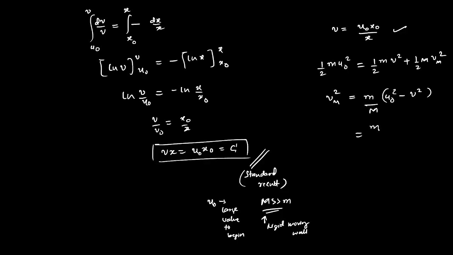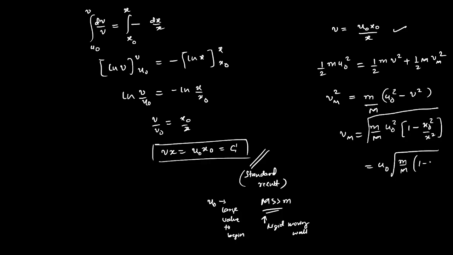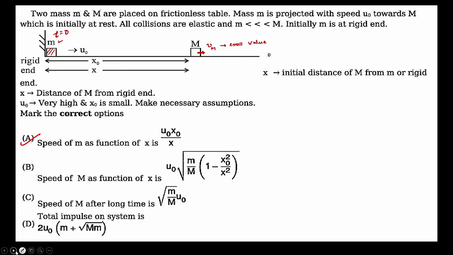So it becomes small m by capital M, and taking u naught squared outside, it is 1 minus x naught squared by x squared. Taking the root, our Vm is the root of small m by capital M times 1 minus x naught squared by x squared. This is the velocity of the bigger M with respect to the ground frame, so the second option would also be correct. Then the third one: the speed of capital M after a long time.